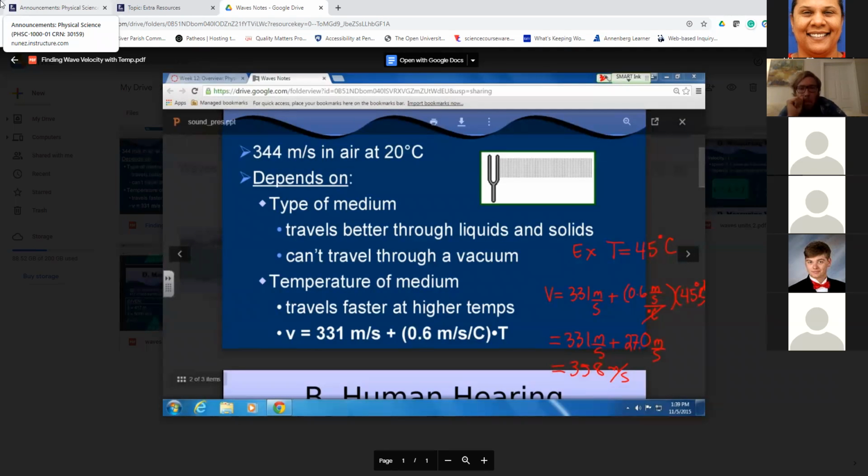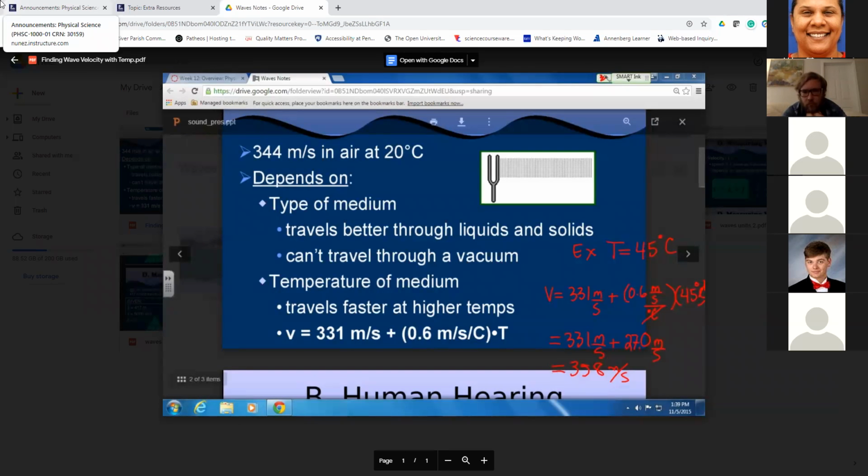What happens then, right? Well, it depends on the type of medium. As I mentioned Monday, sound can travel best through solids, then liquids, then gas. And sound can't travel through a vacuum. Light can travel in a vacuum, but sound has to have a medium, okay?